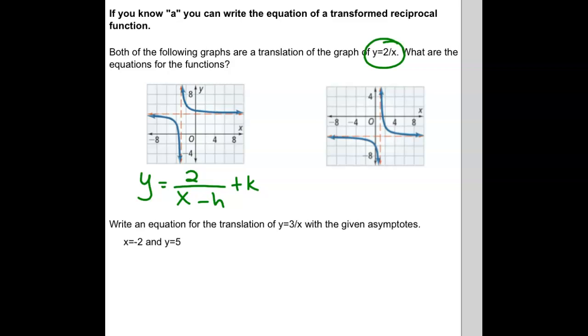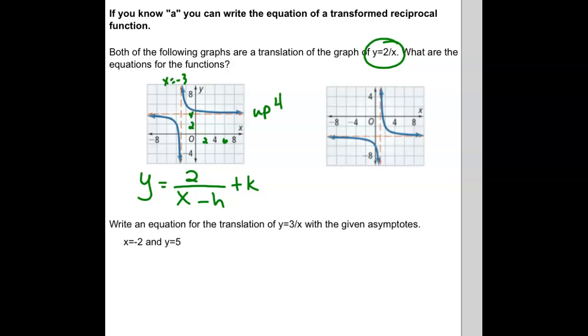So let's start with our vertical asymptote. Right now, also notice that our tick marks are going by 2's. So right now, this tick mark is over here at -3, at x equals -3. We've moved it left 3. Our horizontal asymptote, we have moved up, and again, if we think of those going by 2's, we've moved it up 4.